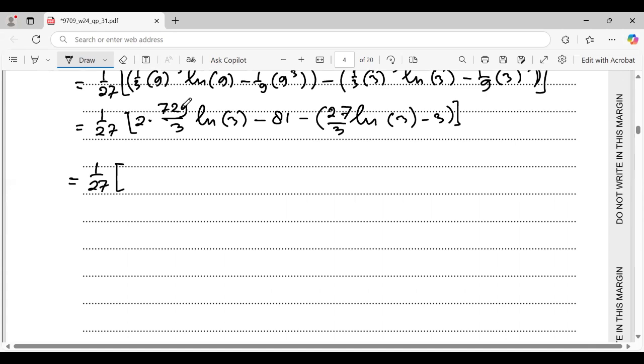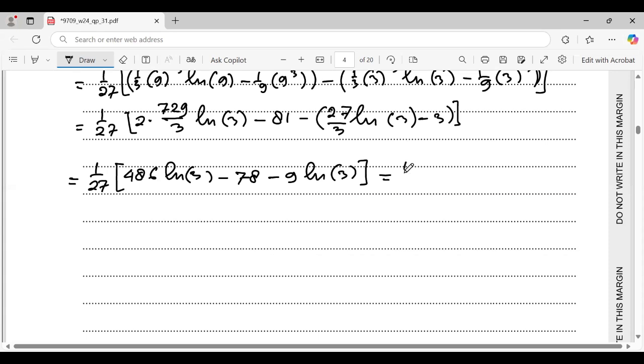It becomes 2 times 729 divided by 3, which is 486 ln 3, minus 81. 81 is plus 3 actually, because minus and minus is plus, so it becomes 78. Minus this 9 ln 3, like that.